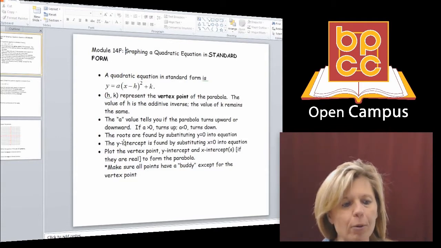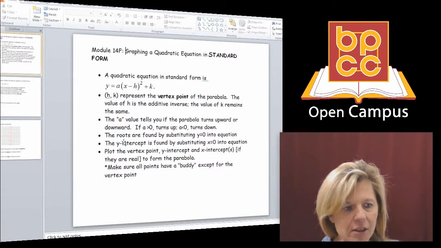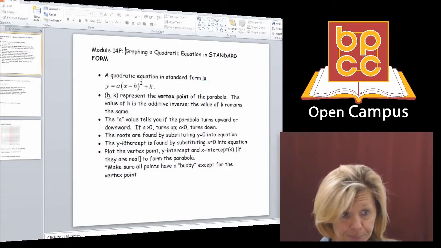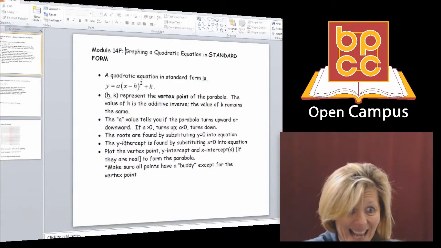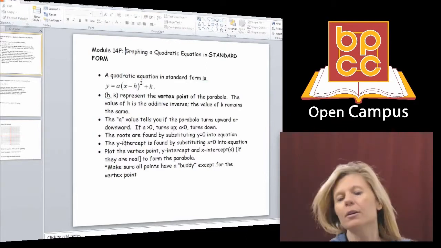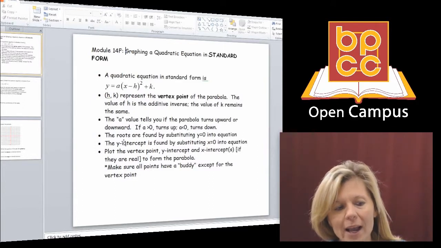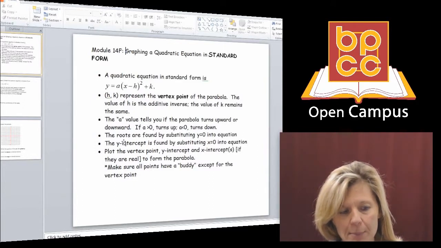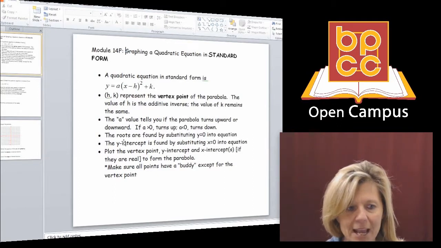It's just going to tell us whether the parabola goes up or down. If a is a positive number, greater than 0, the parabola will go up. If a is a negative number, less than 0, the parabola will go down. So from the equation of the parabola that I'm going to give you, you'll get the vertex point and you'll know if the parabola goes up or down.